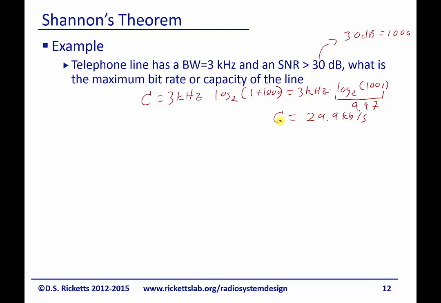Now I should point out, specifically with regard to telephone, just because Shannon's theorem tells you that's the maximum capacity doesn't mean that is what you are going to receive. It just means it's the maximum. In fact, you'll often get a lot less because Shannon's theorem is based upon probabilities and also includes the idea that you can put in error correction to overcome some of the mistakes that your receiver gets.